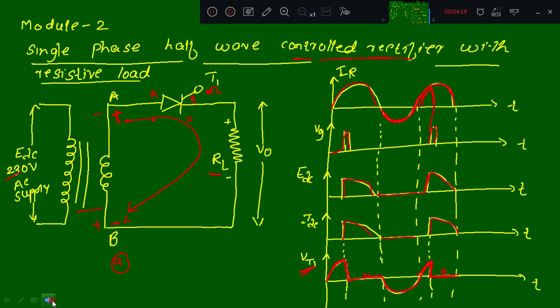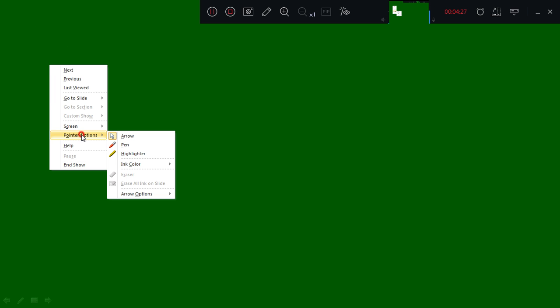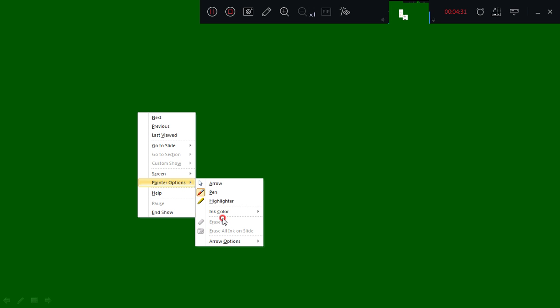Next we will derive some mathematical expressions. First we will derive the expression for the average load voltage, that is, how much load voltage is obtained at the output side.